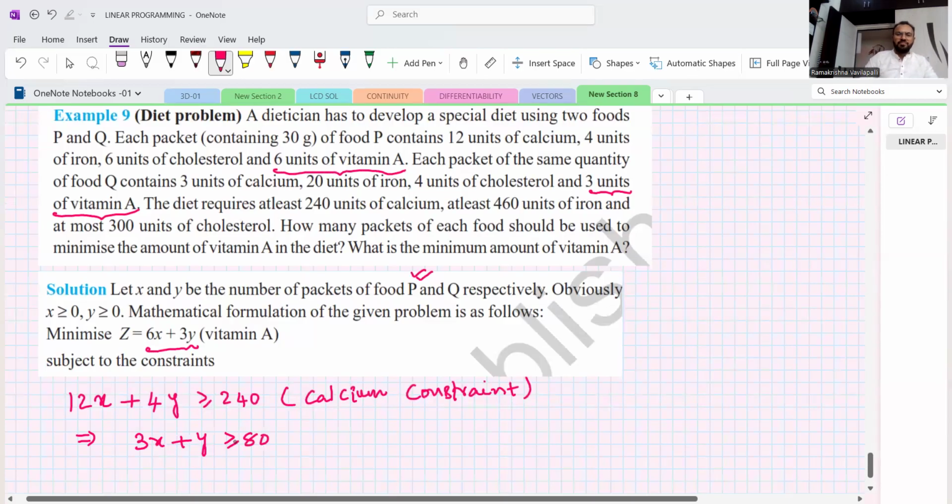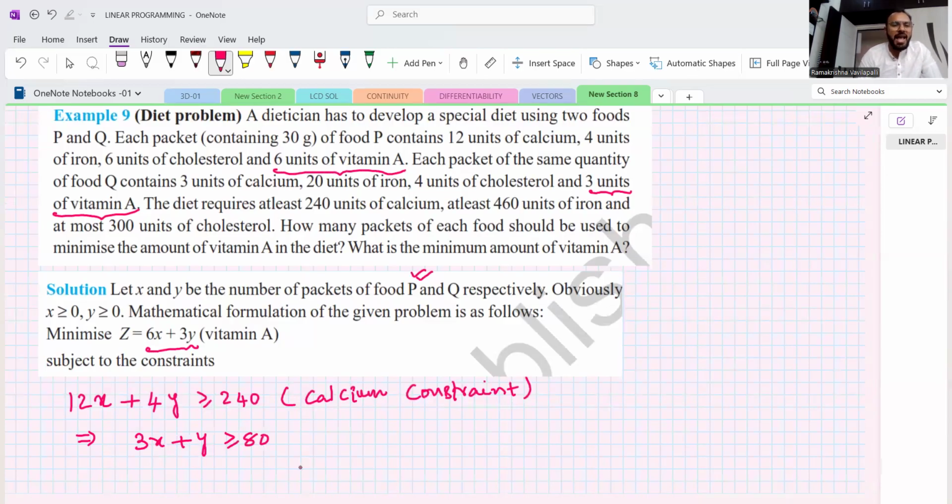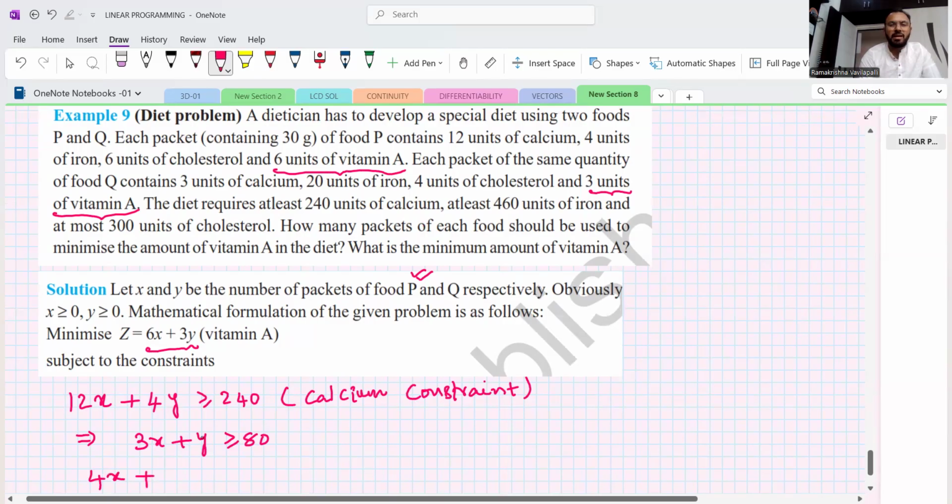This is calcium. Next, we will use iron. 4 units for product P, that is 4x, and 20 units of iron per product Q. What is the minimum iron? 460 units of iron.